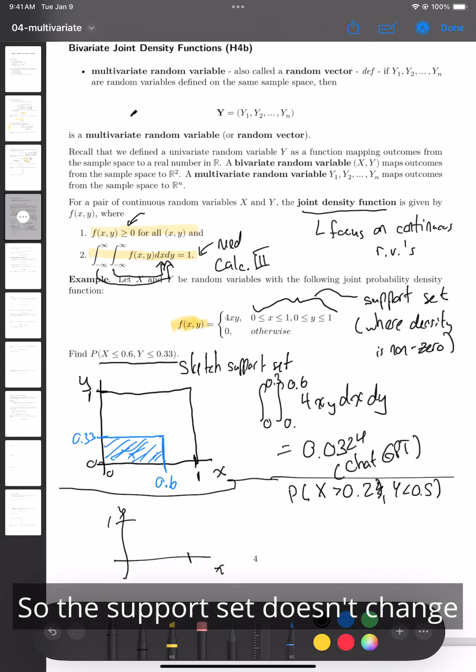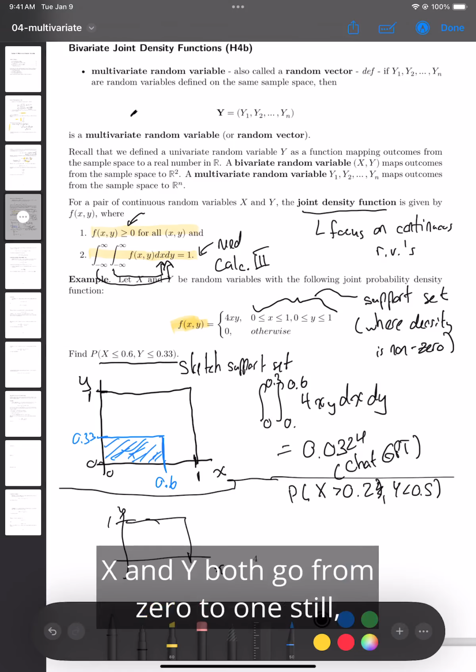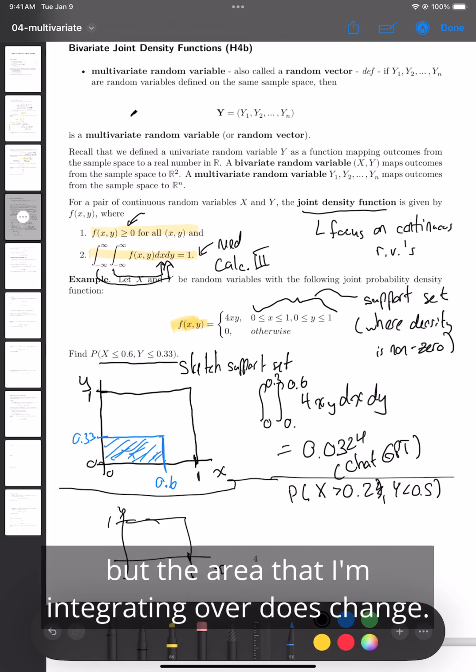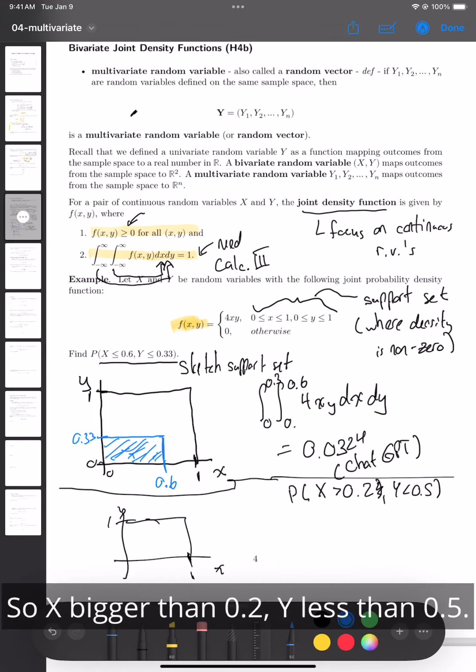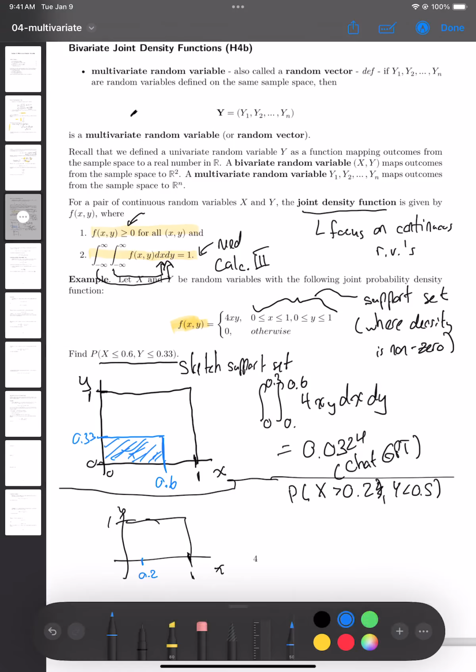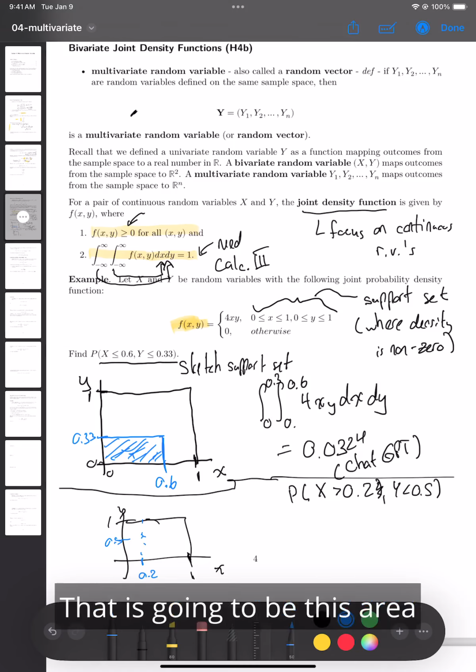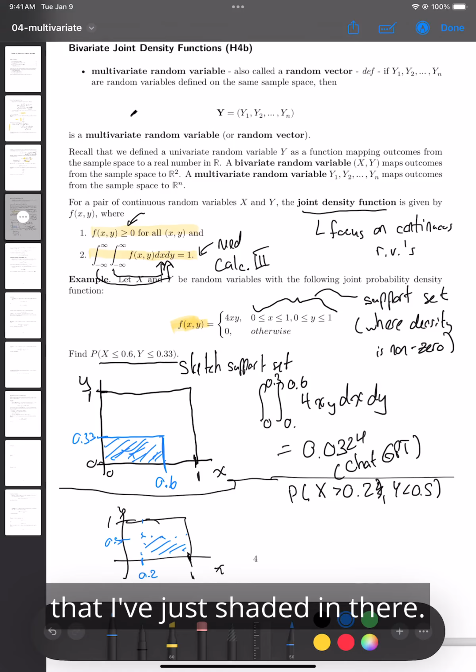So the support set doesn't change. X and y both go from 0 to 1 still. But the area that I'm integrating over does change. So x bigger than 0.2, y less than 0.5. That is going to be this area that I've just shaded in there.